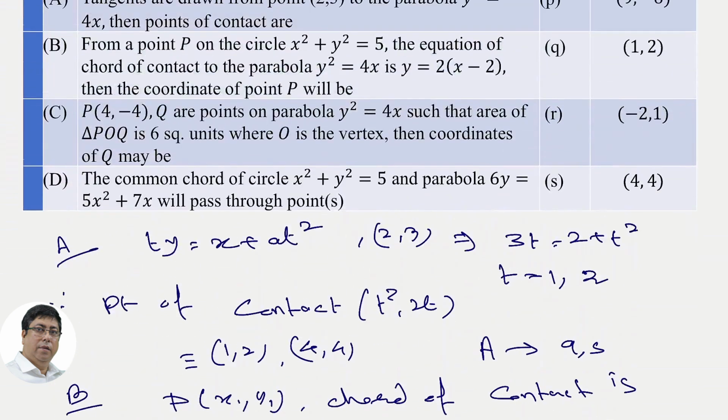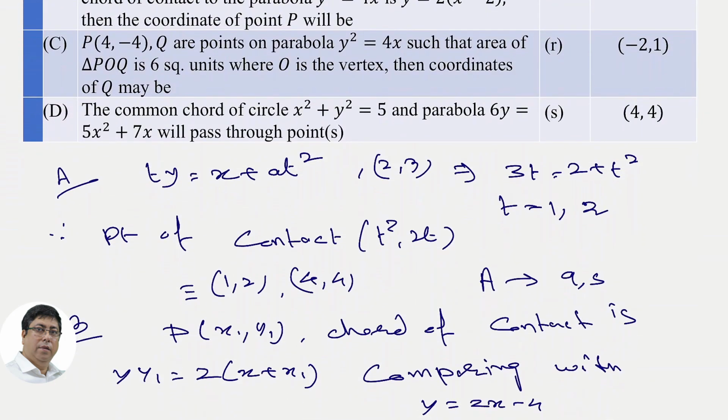Now let us go to the C. For C, P 4 comma minus 4 and Q are the points on the parabola y square equal to 4x, such that area of the POQ is 6. Then find the point Q. This is the question.